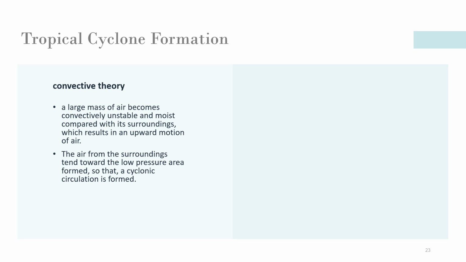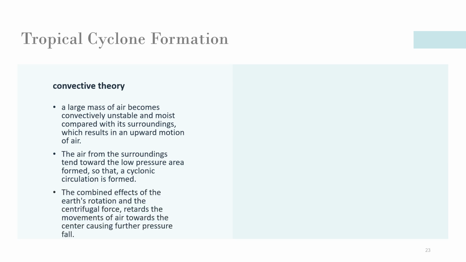the cyclonic circulation is formed. And the combined effects of the Earth's rotation and the centrifugal force, or the Coriolis force, retard the movement of the air towards the center, causing the pressure to fall further.